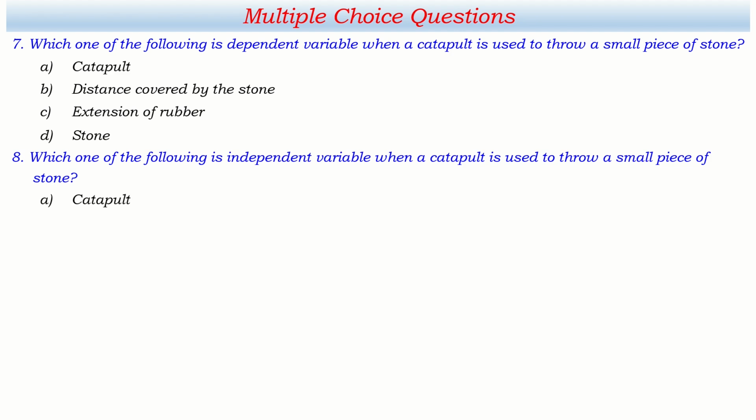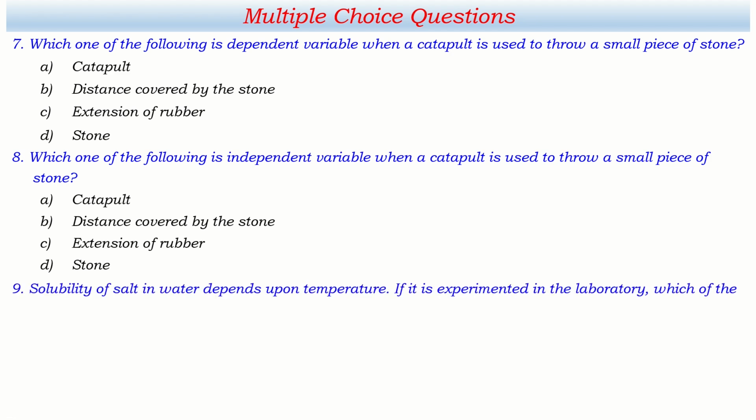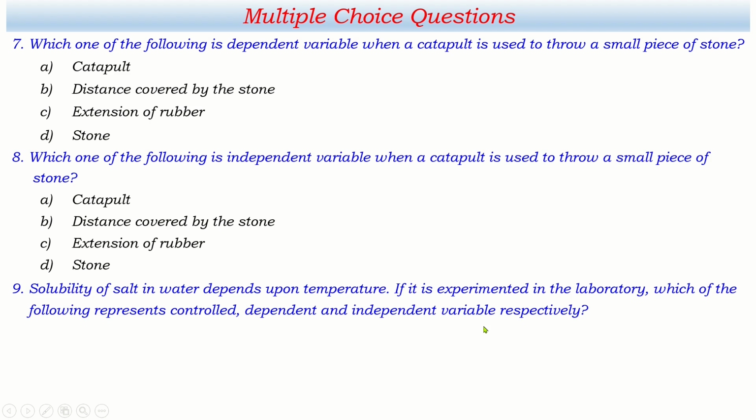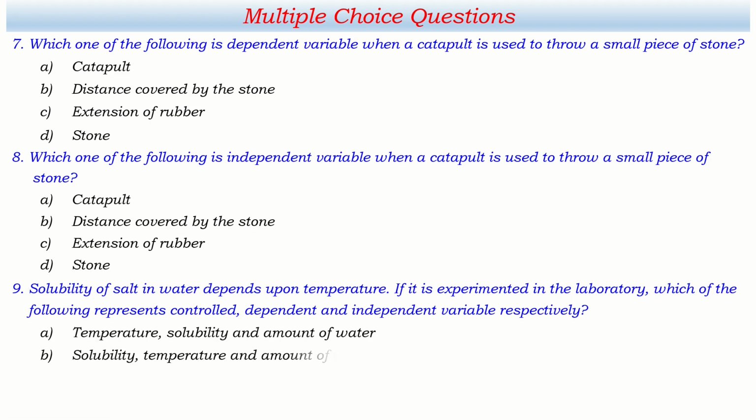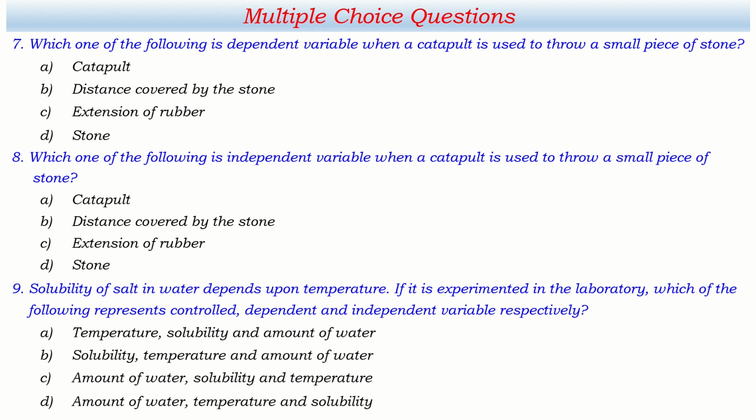The same question, but the answer is different because in one of them the dependent variable is asked, in another the independent variable is asked. Options are the same. Now question number 9. Solubility of salt in water depends upon temperature. If it is experimented in the laboratory, which one of the following represents controlled, dependent and independent variable respectively? And we have 4 different options.